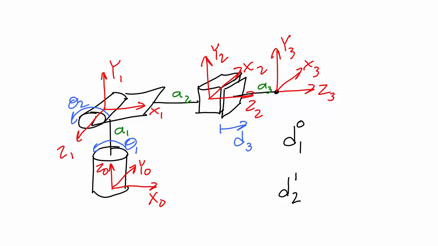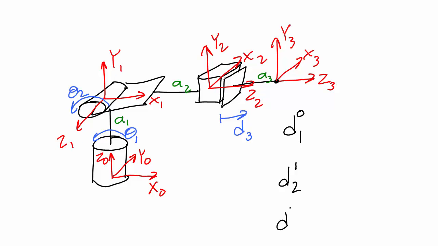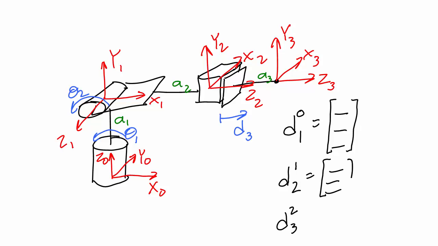And I need to find the displacement from frame 2 to frame 3. Each of these displacement vectors is going to have 3 elements because we're working in 3-dimensional space. Now, let's find each one of these vectors one at a time.